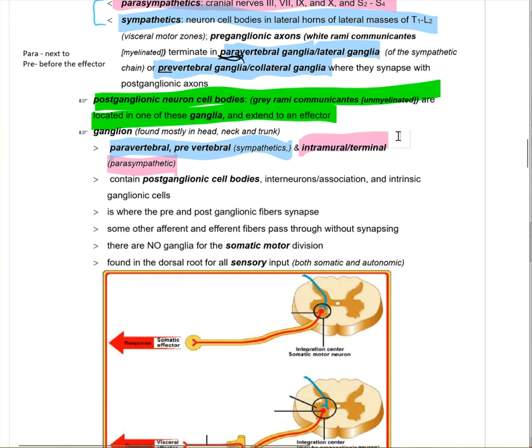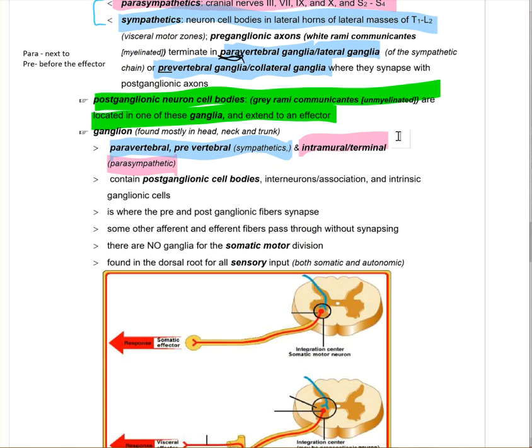And what this means, intramural means within or next to the wall, right? Like intra, right associated with a wall. Mural, think of a mural on a wall. Or terminal, and terminal means the end of the line, right? If we're at the terminal station of the Max line, we are at the very last stop.